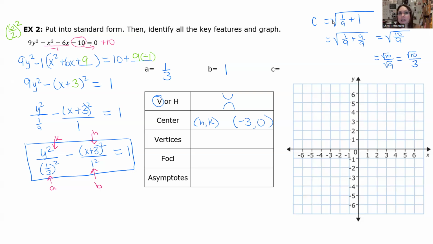Okay, square root 10 is really close to the square root of 9, right? What's the square root of 9? 3. So square root of 10 is just going to be barely above that.